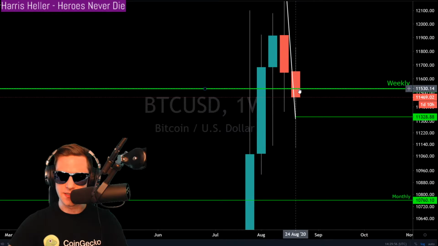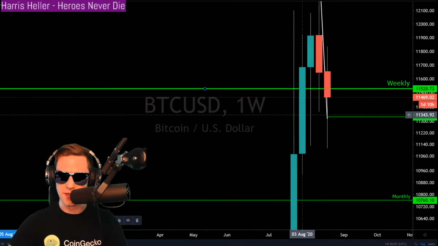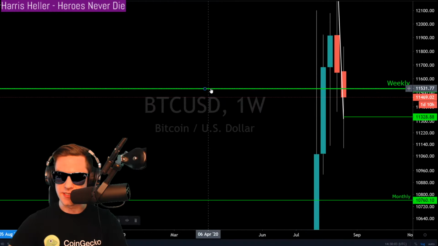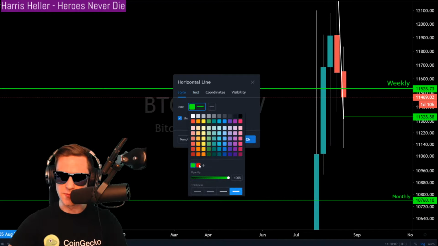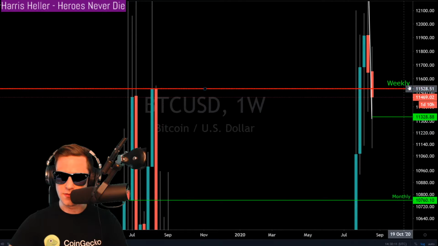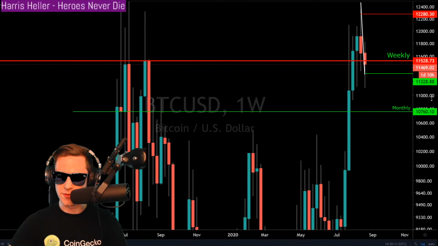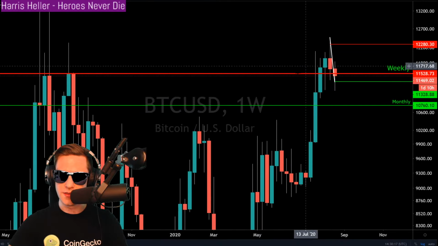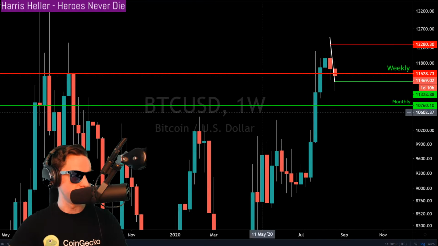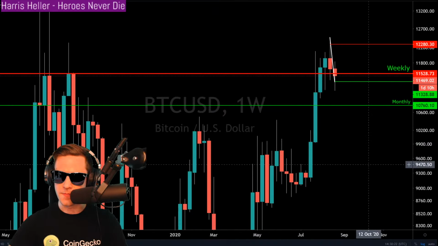If we have the weekly close below this weekly support level, then we may end up flipping it to resistance. Because again, we've broken that support. And when supports break, they flip. Same with resistance. When these levels are broken, they change from support to resistance, or from resistance to support.